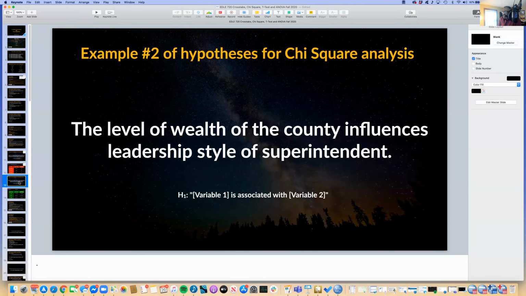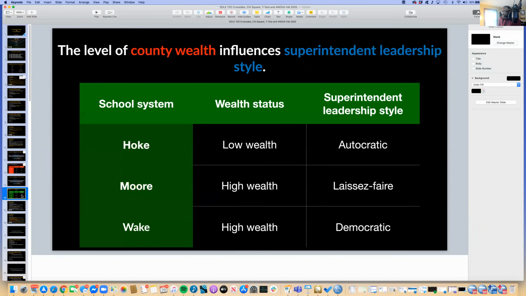Here's another example of a chi-square analysis hypothesis. The level of wealth of the county influences the leadership style of a superintendent. Let's just take Hope County. Let's say that a low wealth county has an autocratic style, a high wealth county has laissez-faire, and another high wealth county like Wake has more of a democratic approach.